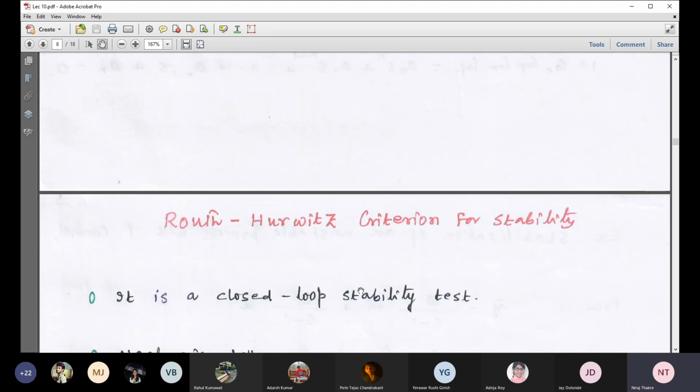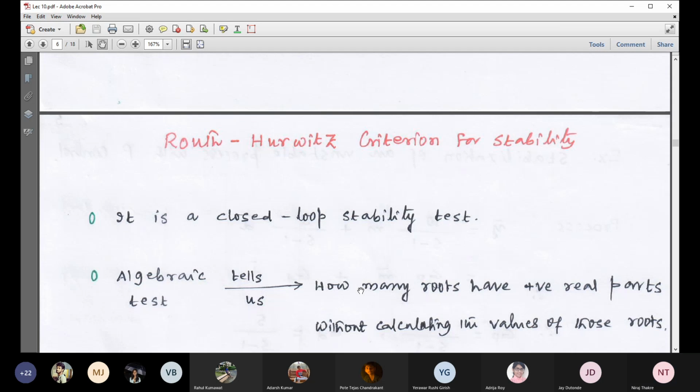Now let us go to the Routh stability criteria. I think you note down the points. Routh test is a closed loop stability test.